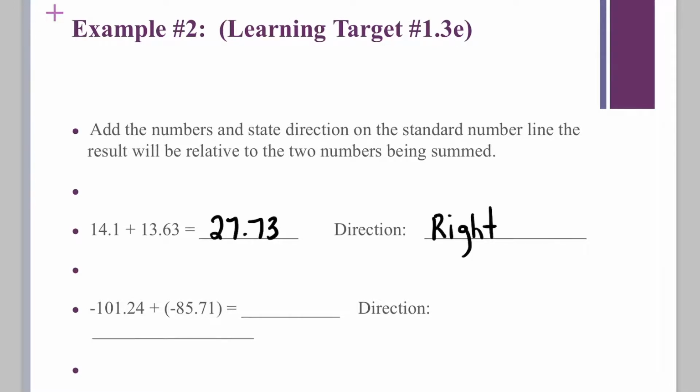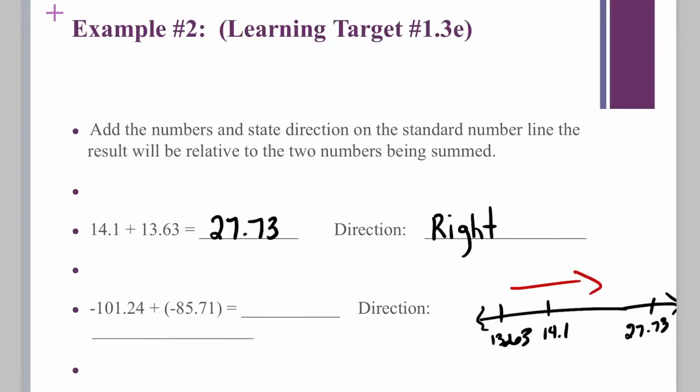27.73. And if I were to draw the standard number line, I would put 13.63 here. I also know that 14.1 is a greater number, so it's going to be a little bit to the right. And 27.73 would be way over here, which is moving to the right.